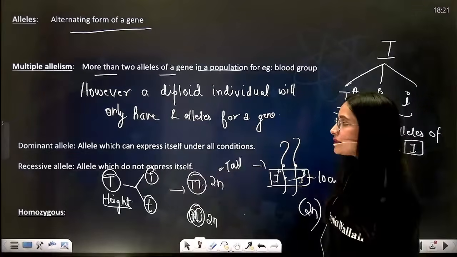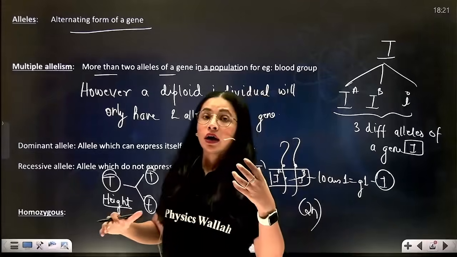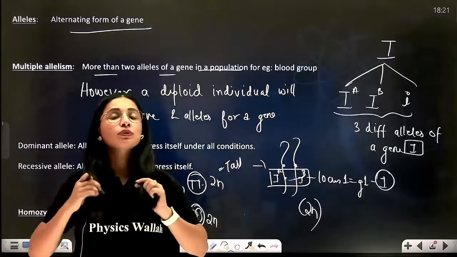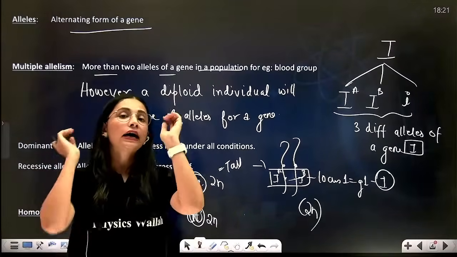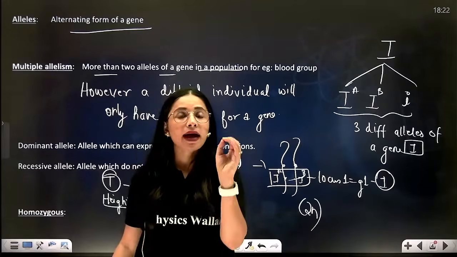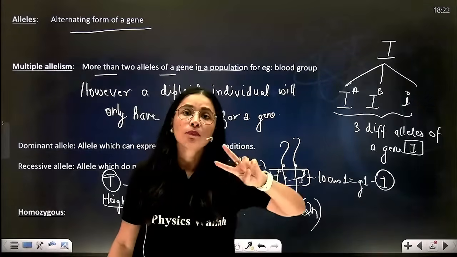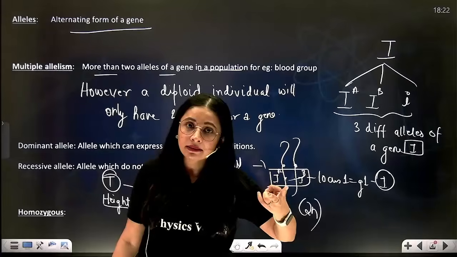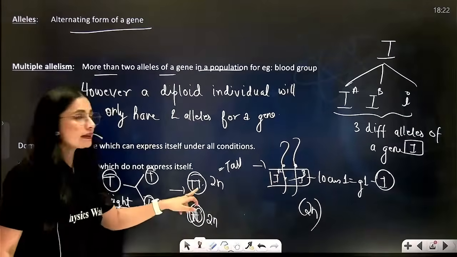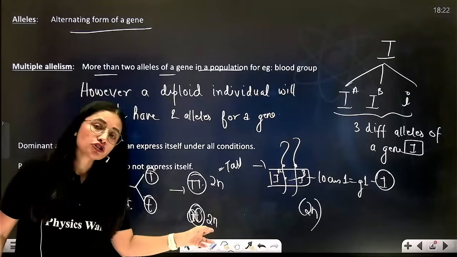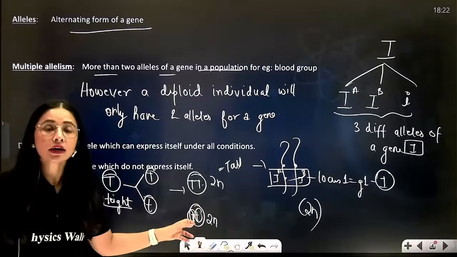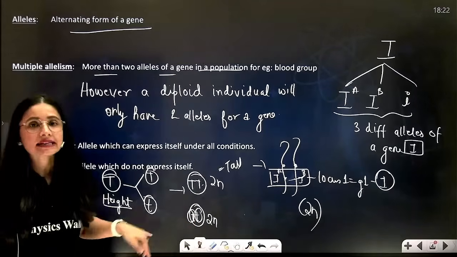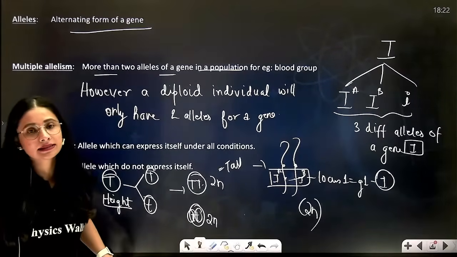Now, after this, beta, in a diploid individual, a gene is represented by a pair of alleles. Now, if both the alleles are the same, like over here, capital T, then this combination of alleles for a gene is known as homozygous.